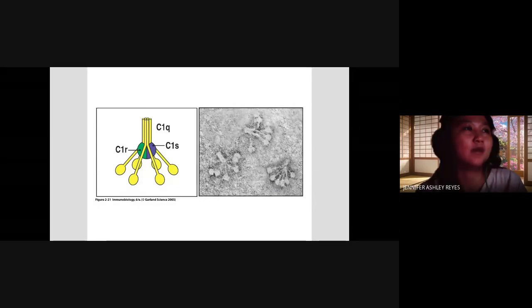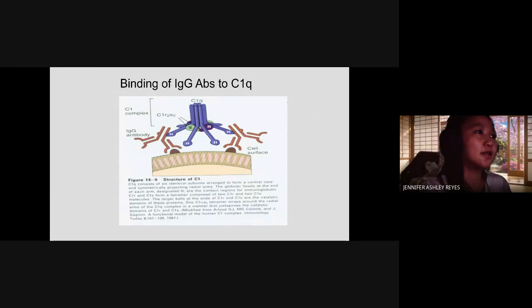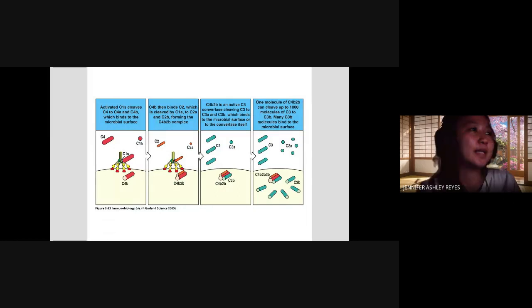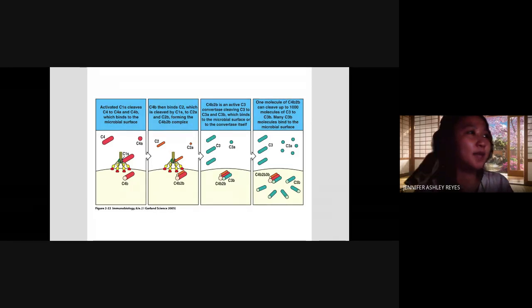So, 4 lang sila. So, this is another illustration of the C1 structure binding to the antigen-antibody complex. So, again, C1qrs, tapos it activates si C4a, C4b, pero ang ibabind niya si C4b.